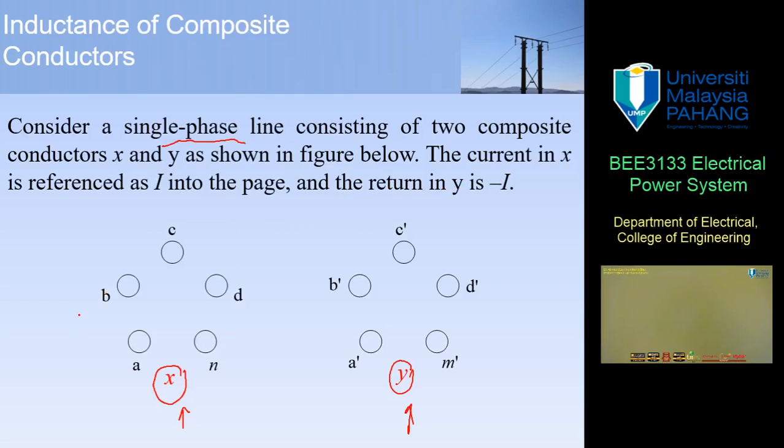The Y conductor is the return path, so its current is minus I. One is in the normal direction and one is in the return direction. Both have the same magnitude I, but different directions: one without minus, one with minus.